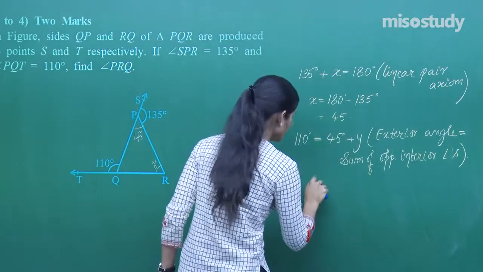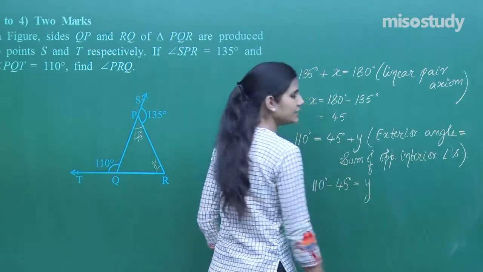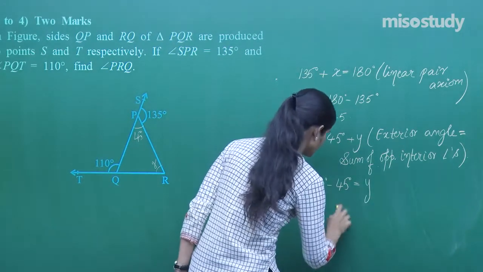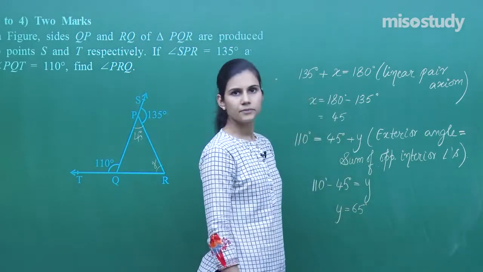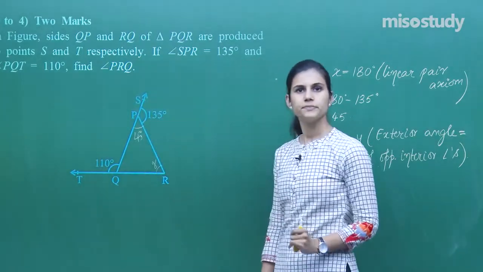So 110 minus 45 will be y, isn't it? Which is going to give you 65. 65 is the measure of angle PRQ.